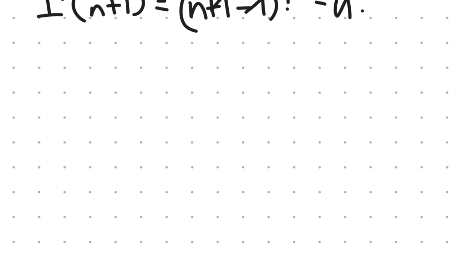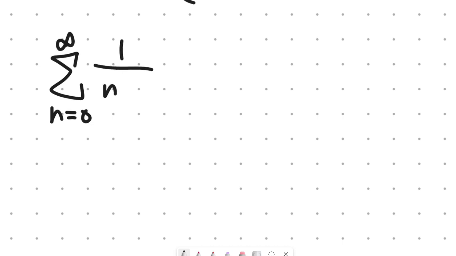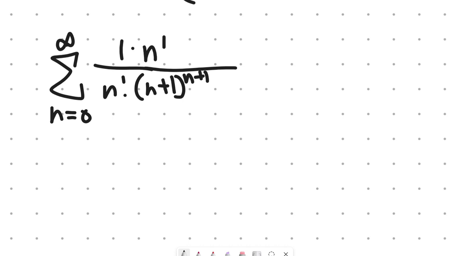And since we have finished calculating all of the integral, we just have the summation where n goes from 0 to infinity of 1 over n factorial times n plus 1 to the n plus 1. And now over here on the numerator, we have times n factorial. So n factorials will cancel out without leaving any problems because n factorials never equal 0.